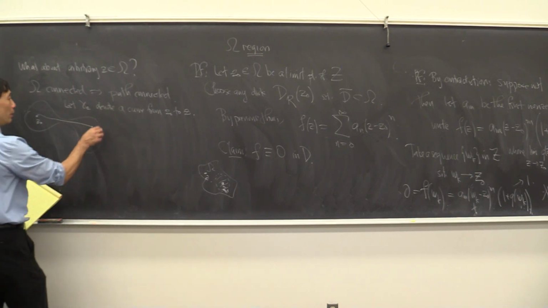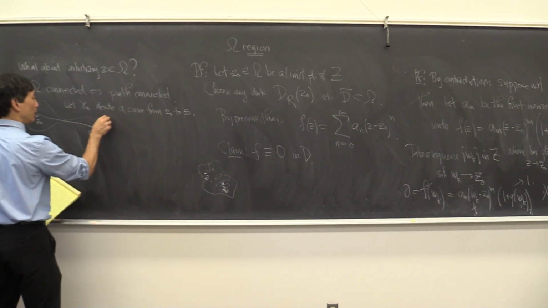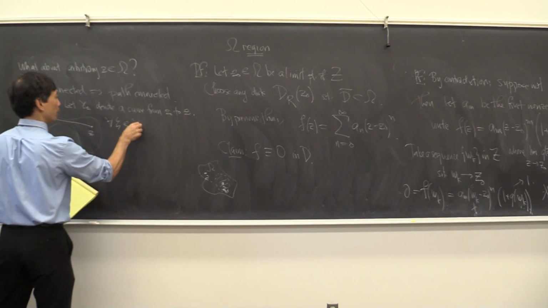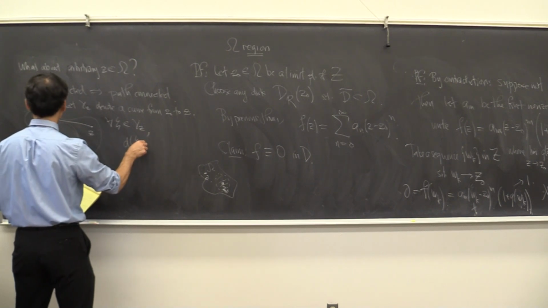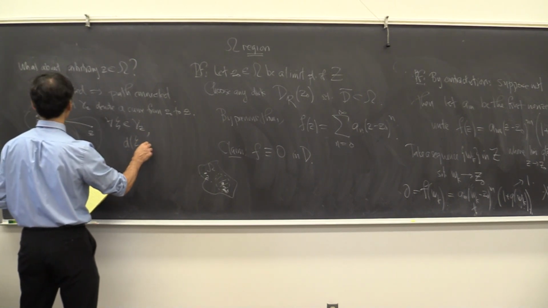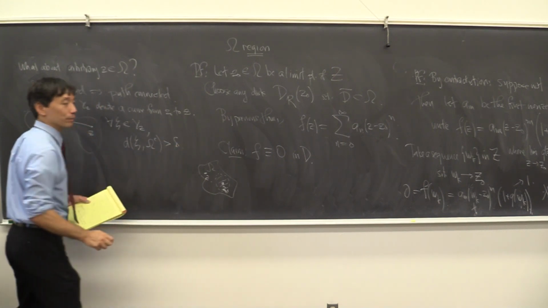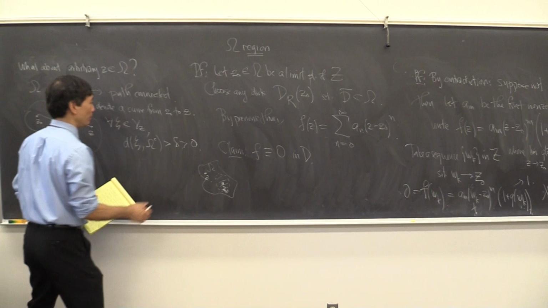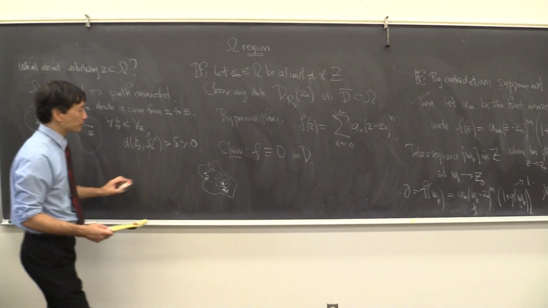So we know that for all points zeta on that curve, the distance from there to omega complement is bigger than some value. So there's some positive distance delta that the distance never breaks.